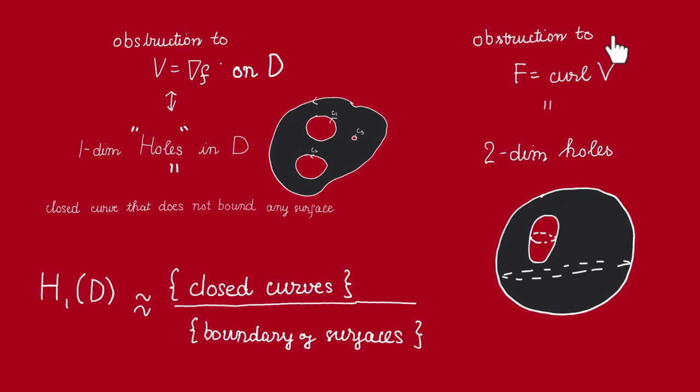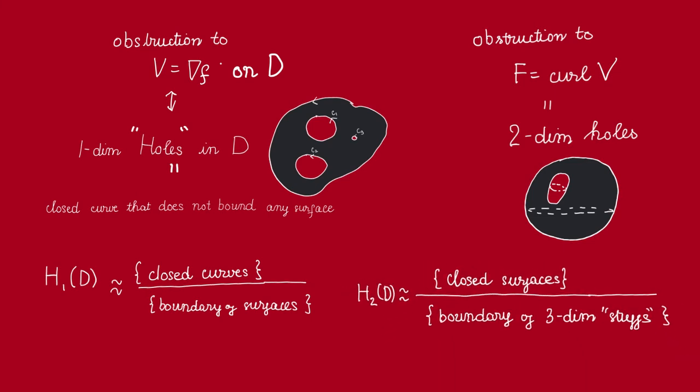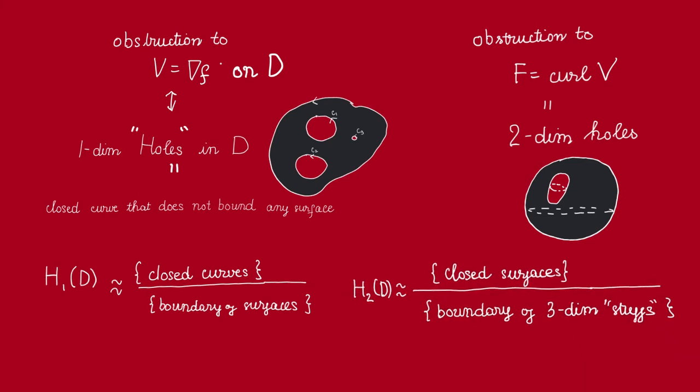Similarly, in R^3, the obstructions to a vector field F being the curl of some vector field are exactly the two-dimensional holes. And these are just closed surfaces that do not bound any three-dimensional region. So we could also look at the quotient of the group generated by closed surfaces modulo those that bound a three-dimensional region.